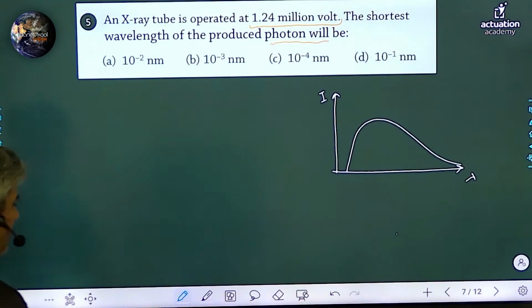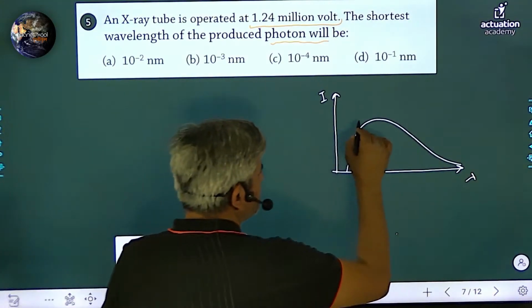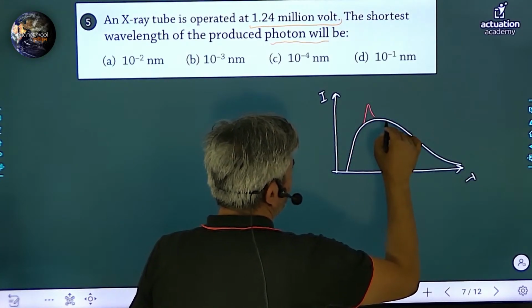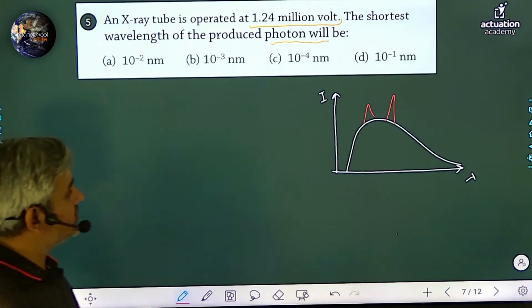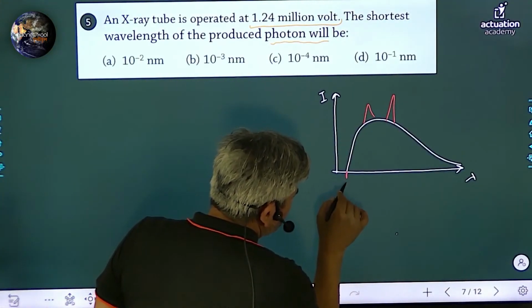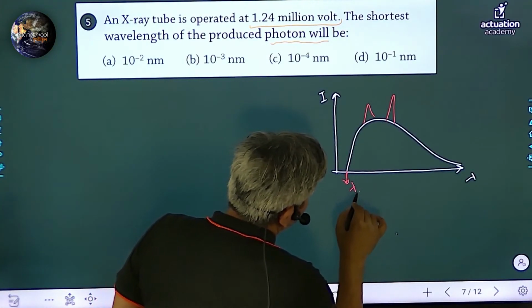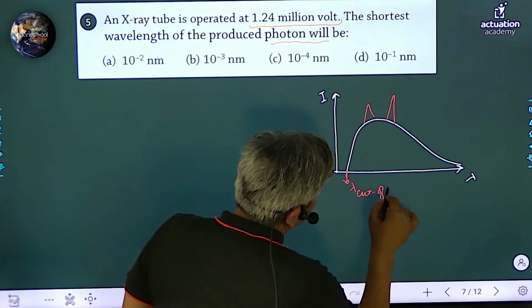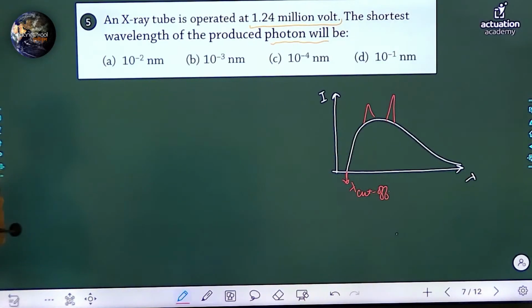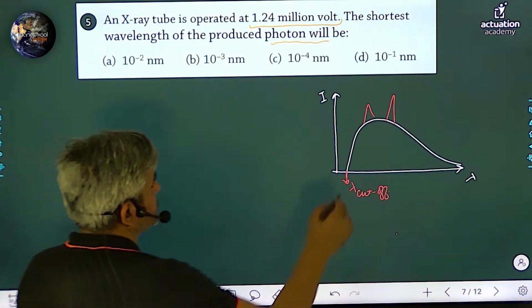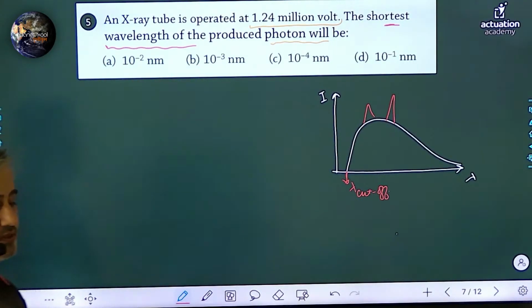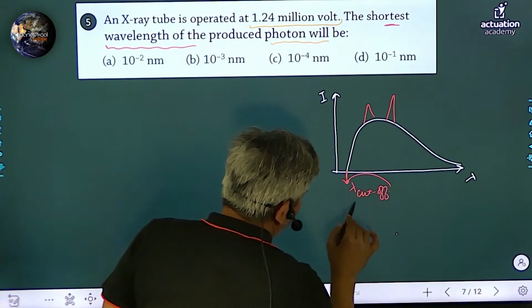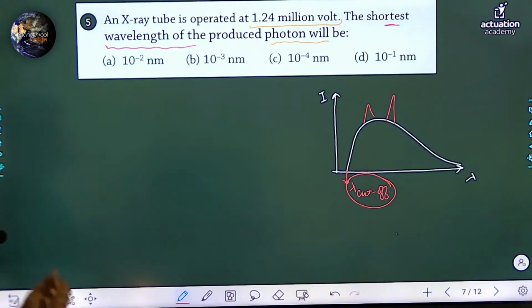There are some peaks you will see, which we call characteristic X-rays. And this wavelength is known as lambda cutoff, or the shortest wavelength which can be produced while producing X-rays. This cutoff wavelength only depends on the accelerating potential.